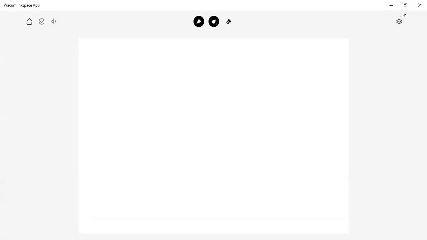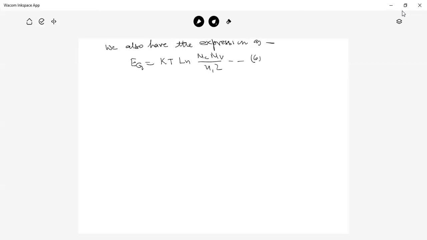We also have the expression as EG is equal to KT ln NC NV upon NI square, equation 6.